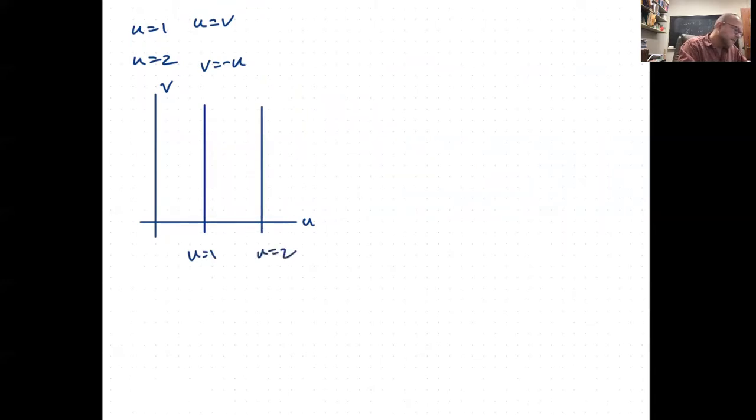And then V equals, okay, now I may have gotten in trouble with my drawing. U equals V is going to be this line here that's going up with a slope of 1, but then U equals minus V needs to be going down here with a slope of -1.